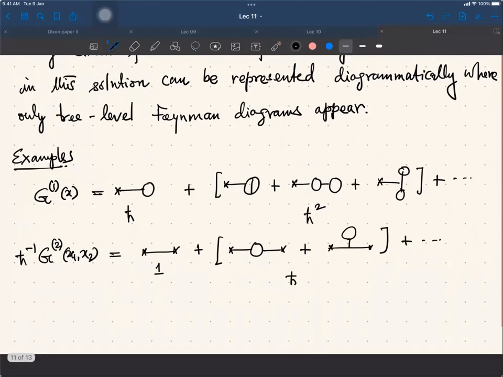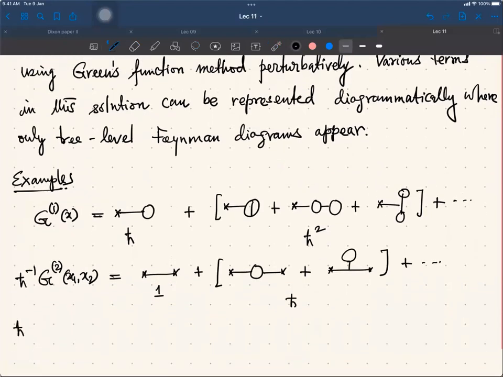and then so on. If you calculate the 3-point function, then you have to calculate h bar to the power -2 g3 x1 x2 x3, then that will be given by this.